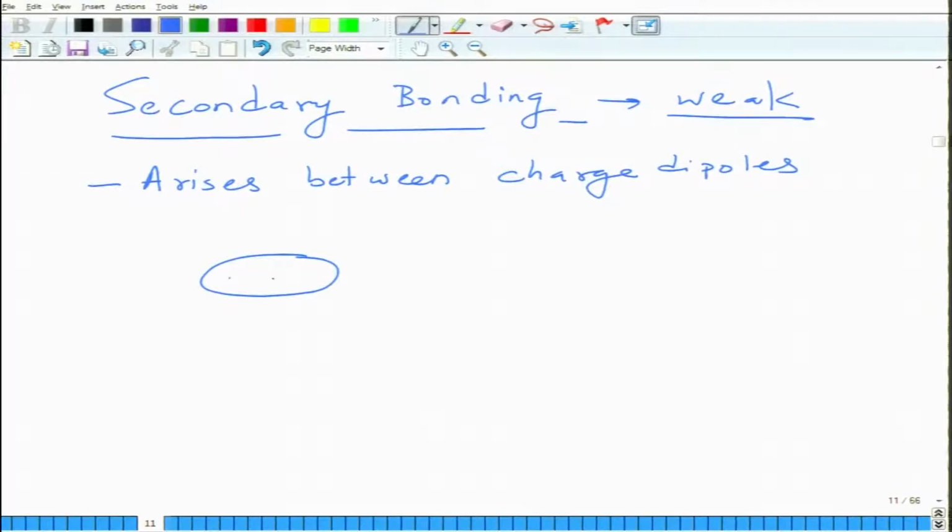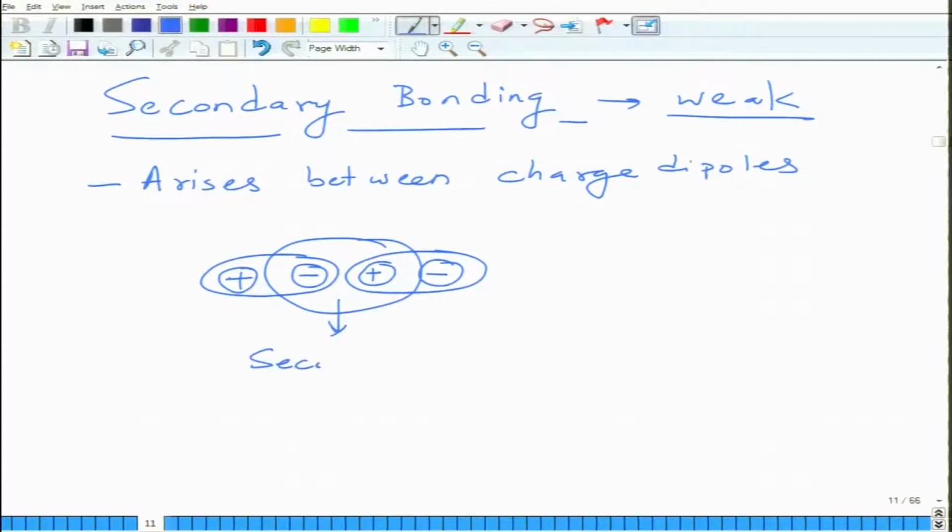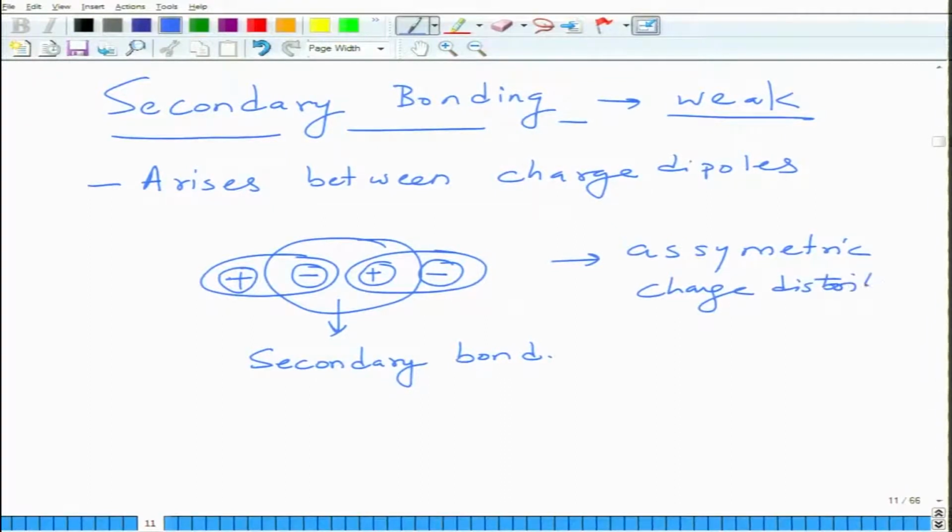Normally the center of negative and center of positive charges will coincide, but let us say you have a center of positive charge here and center of negative charge here, and similarly you have a neighbor which also has a similar configuration, center of positive charge here, center of negative charge here. These two attract each other, and they form what is called a secondary bond. This is because of asymmetric charge distribution, and when you have asymmetric charge distribution you will have formation of electric charge dipoles.